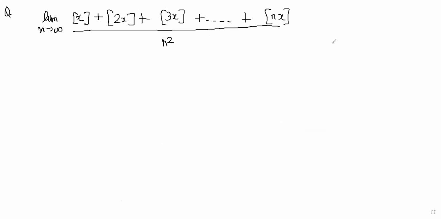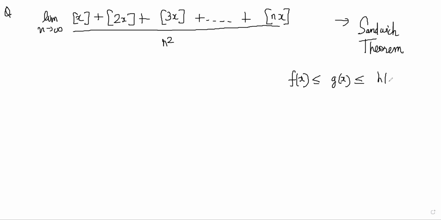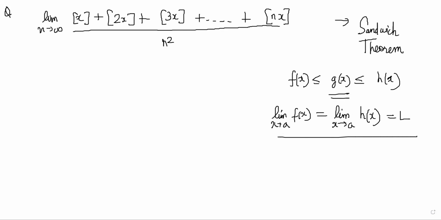Now this is an application of the sandwich theorem that we had seen earlier once. The sandwich theorem says: if f(x) is less than or equal to g(x) is less than or equal to h(x), and if the limit as x tends to a of f(x) is equal to the limit as x tends to a of h(x), then the middle function, which is between these two functions, must also tend to that same limit.